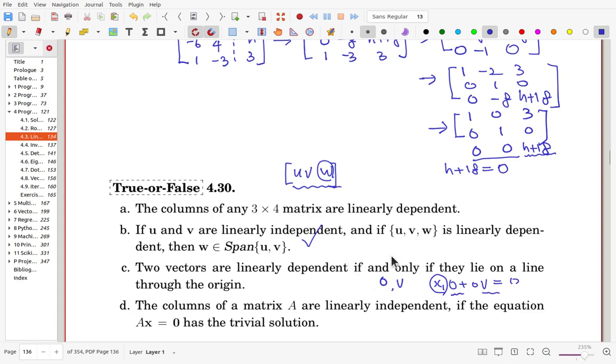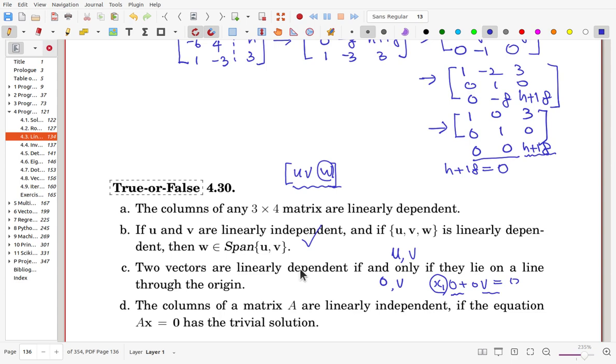If two vectors, u and v, are non-zero but linearly dependent, then it means that one vector is expressed as a multiple of the other. So they are on the same line passing through the origin. Okay, so it is true.